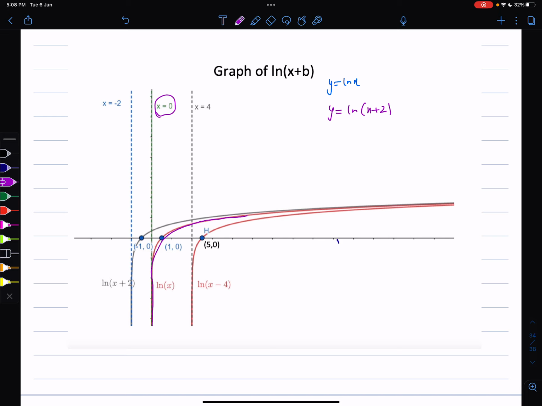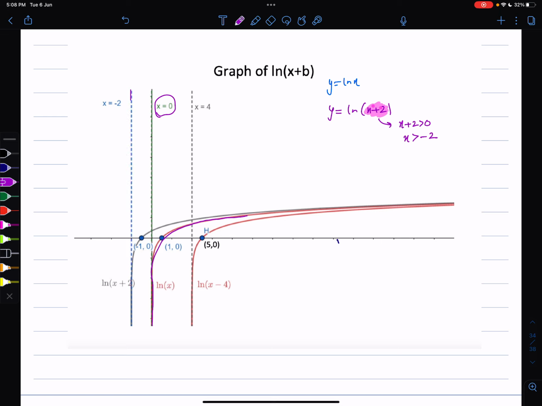Well, for the log to be defined, we know that x plus 2 must be greater than 0. So if we want x plus 2 to be greater than 0, then the x value must be greater than negative 2. Hence the asymptote line is now going to be at minus 2, and the graph is going to start after minus 2.